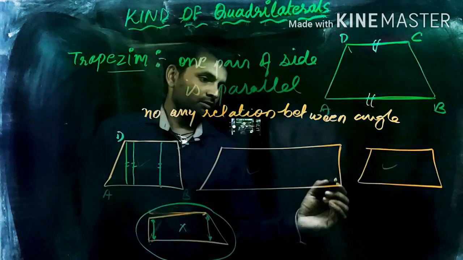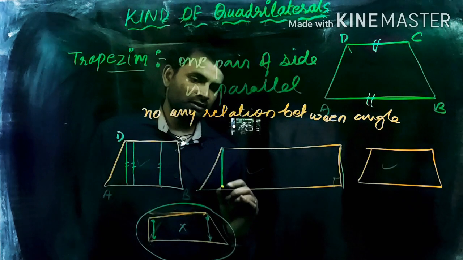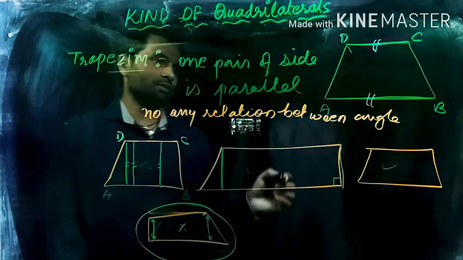Here the angle is 90 degrees and the distances are equal, so this type is a parallelogram.